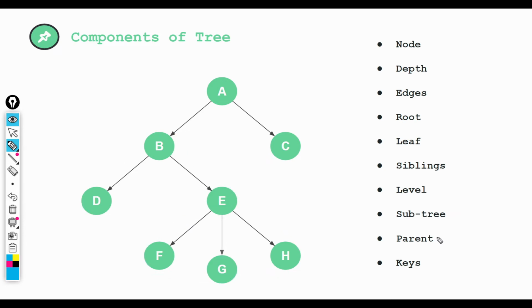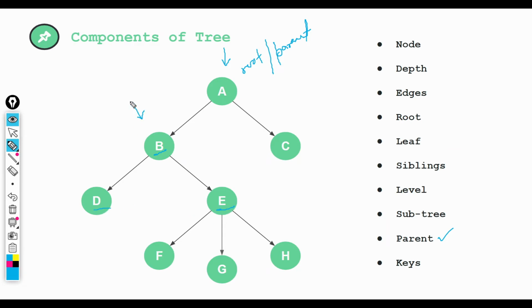Now, moving on to another component, that is parent. A parent node is nothing but a node which is the immediate node to its child node. So we can have multiple parent nodes, but we can have only a single root node, right? Because this is a root node. We can call this node a parent also, and this is also a parent node because it has its own child.